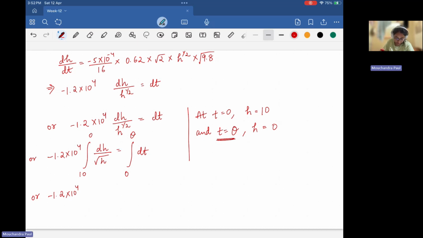So when you integrate this term, you should get 2 into root h in 0 to 10 equals to theta. Or theta is equals to, here because of the integration, this minus sign becomes plus.